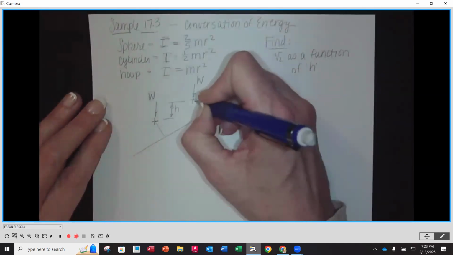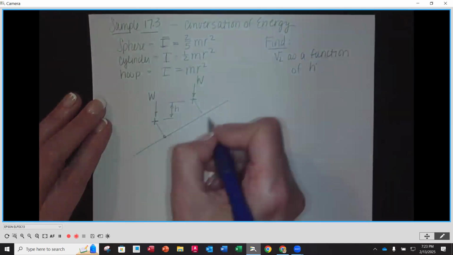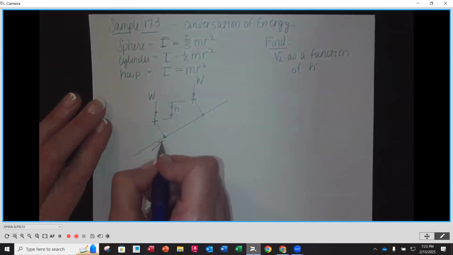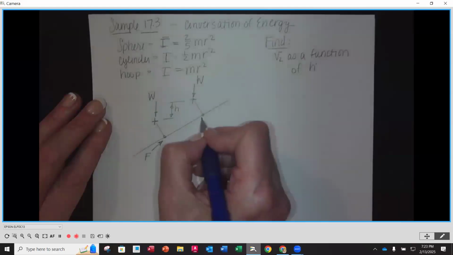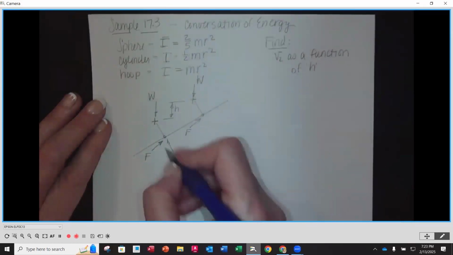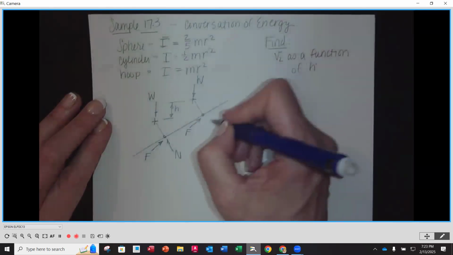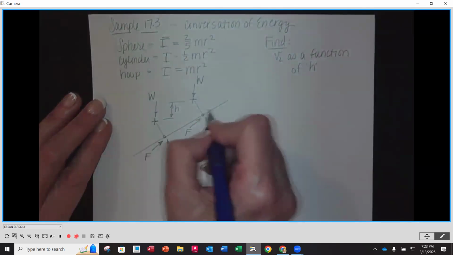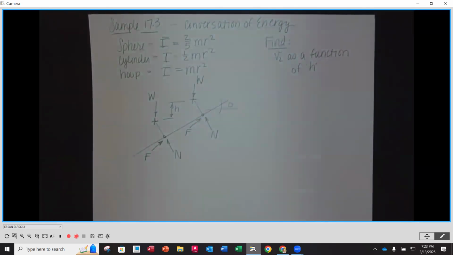Now, additionally, along that incline is the point where it actually is going to touch, and this is going to be the friction force, opposing motion. This is going to be the normal force. And then this would be theta.